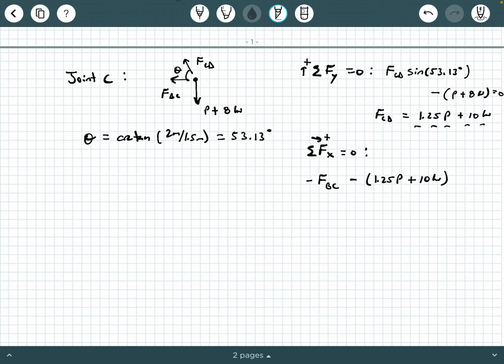Watch that negative sign. You're subtracting that entire quantity. And then we're going to say times the cosine of 53.13 degrees equals 0. And then we get FBC equals negative 0.75 P minus 6 kilonewtons, okay?